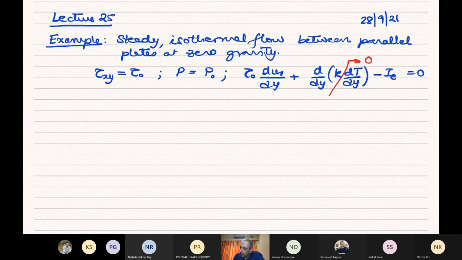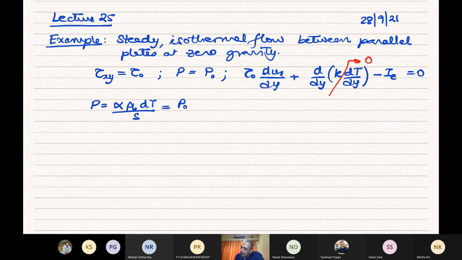Now, if we use the pressure constitutive relation, that is alpha rho bulk dt by S is equal to P0.